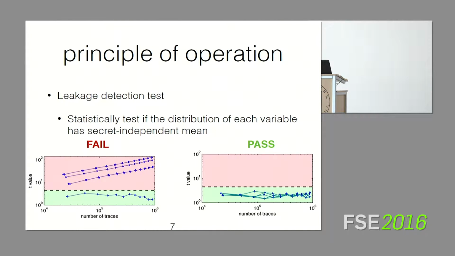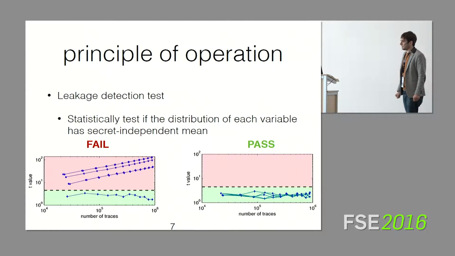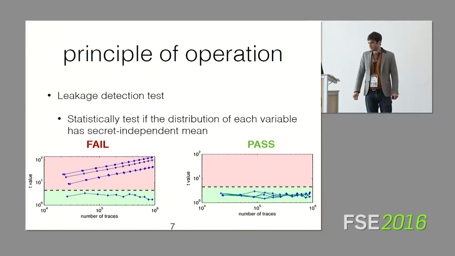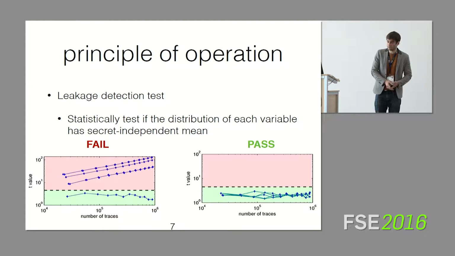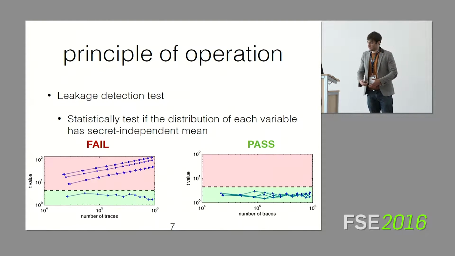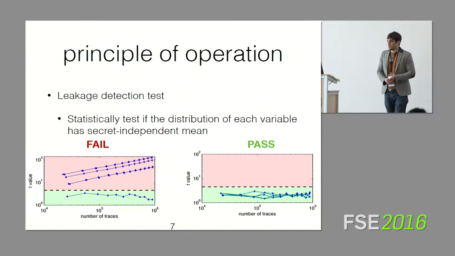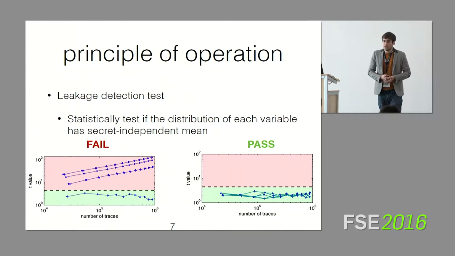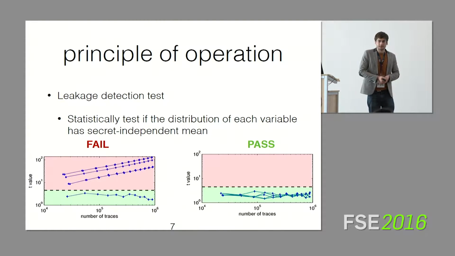We perform a leakage detection test in simulation, and basically test if some variables are distributed equally for different secret values. Or, if you are testing for first order security, then you would have to look at means, if they have secret independent means. I will not explain how to test this with a statistical test, because you all know better than me how to do this.